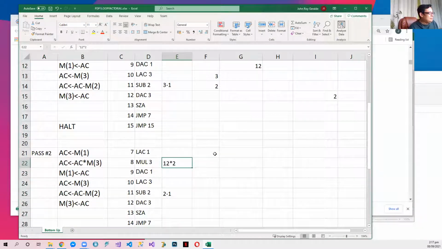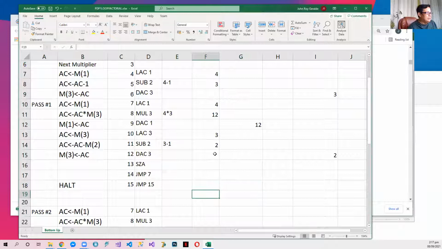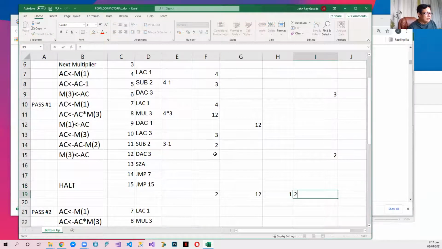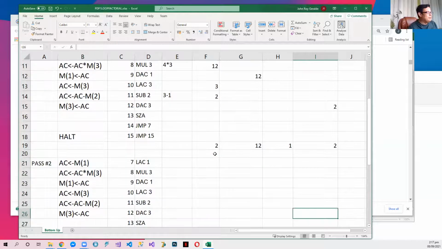Okay? So now we go to 7 because we jumped 7. LAC, what's our accumulator? Our accumulator here is 2. We have 12. This is 1, this is 2. You follow? Okay.